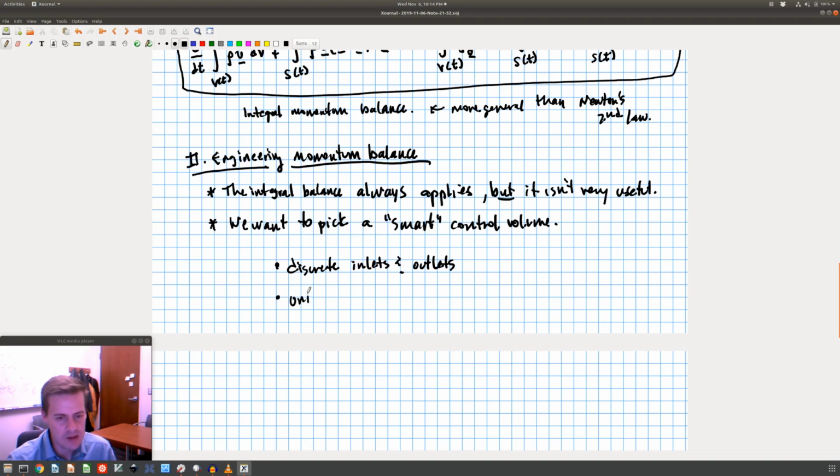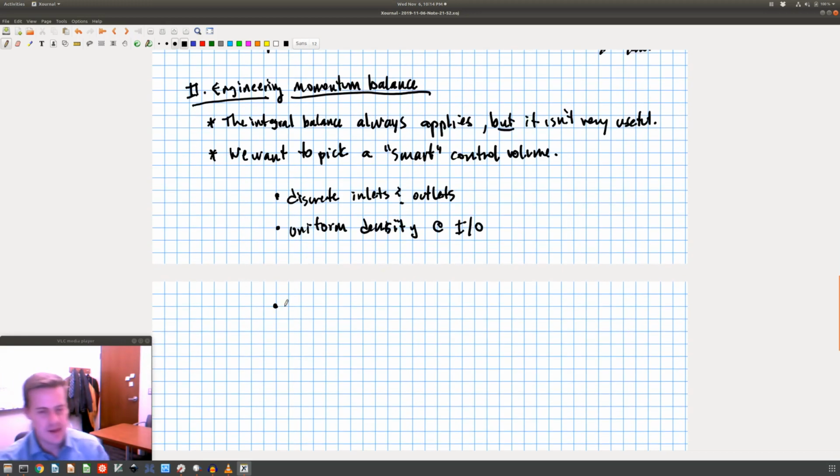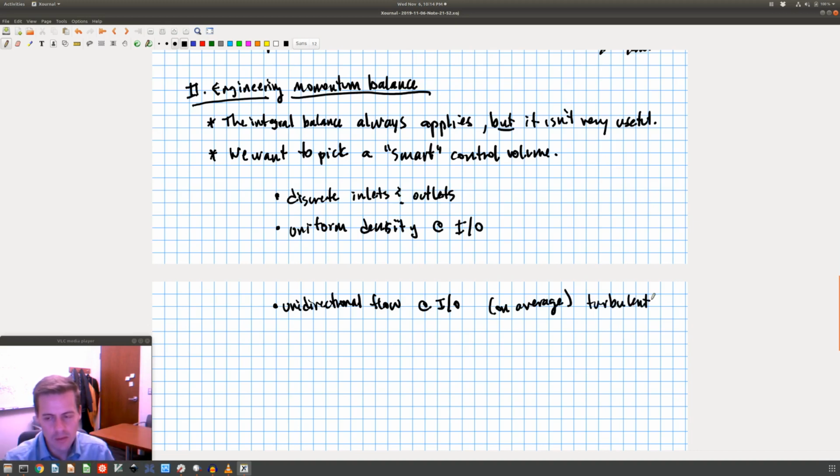It also has a uniform density at the inlets and outlets, and I'm going to write I/O for inlets and outlets. But it has a couple more things that we need. It needs unidirectional flow at the inlets and outlets, at least on average. So a turbulent flow that's in one direction, that's okay.